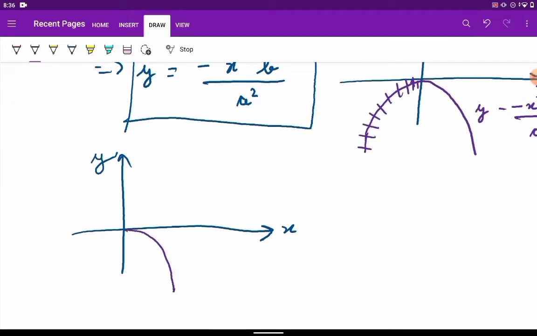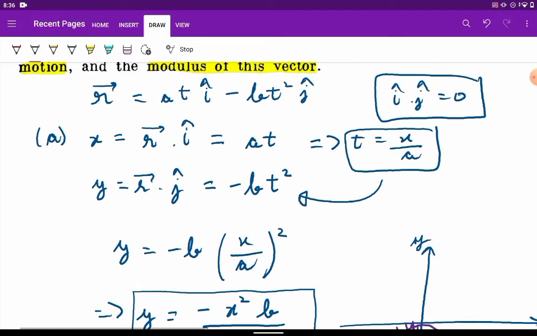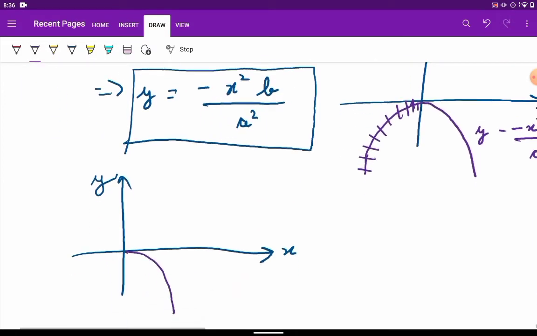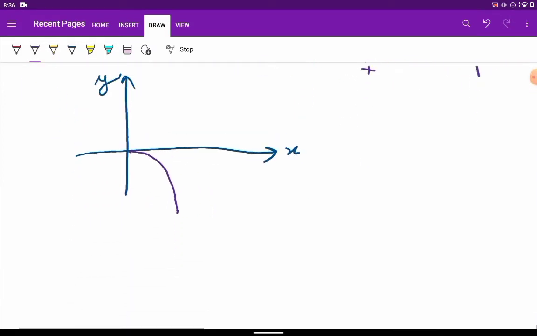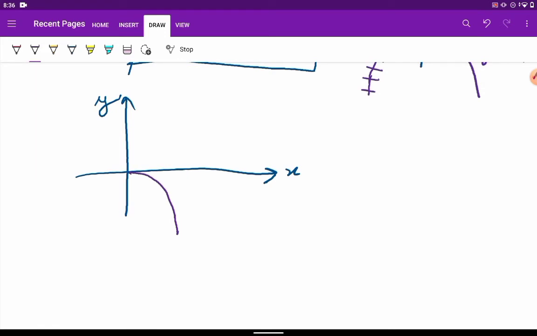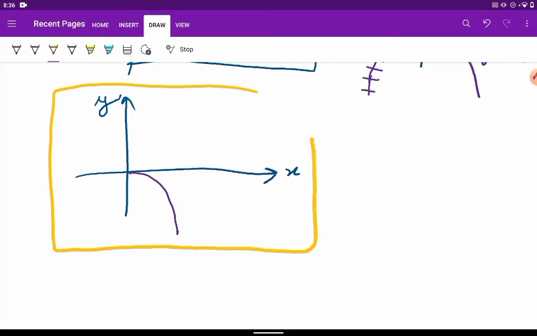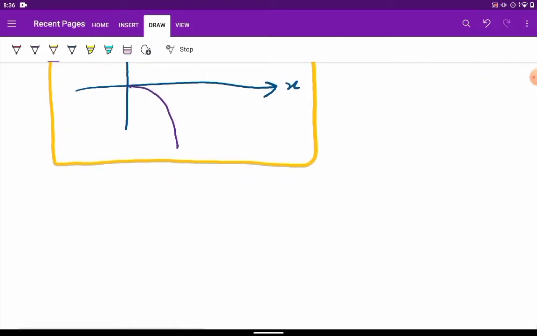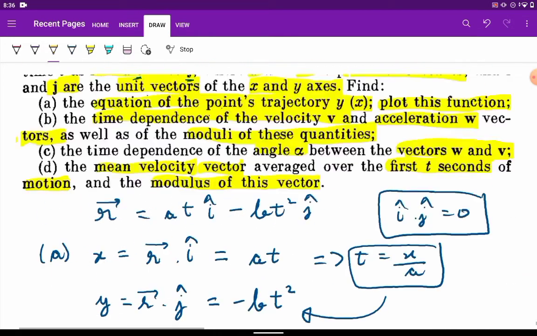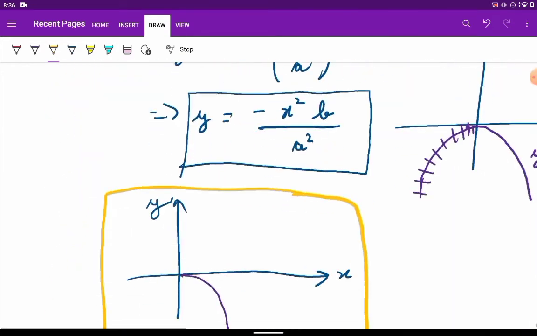And of course x can be 0 because at t equal to 0 it is 0. So yeah, this is the final curve, right?